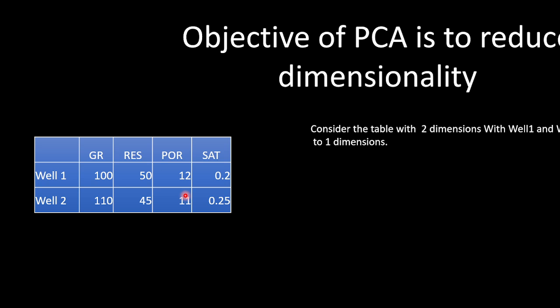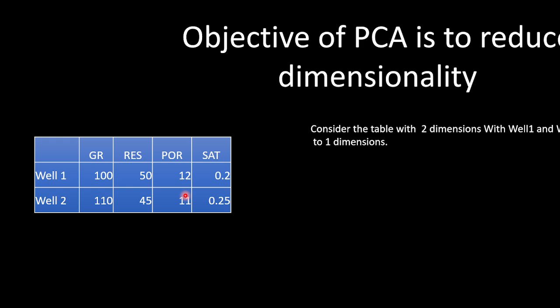Two dimensions are fine, but what about five dimensions, six dimensions, or even more? In what way can we reduce those dimensions? In place of well 1 and well 2, we will make one middle reference plane, give a plane value to it, and try to find the values. So you are reducing the complexity by finding a reference in between the dimensions.